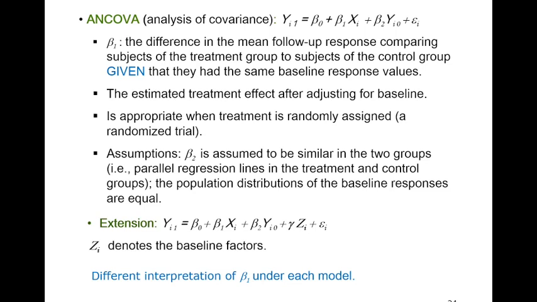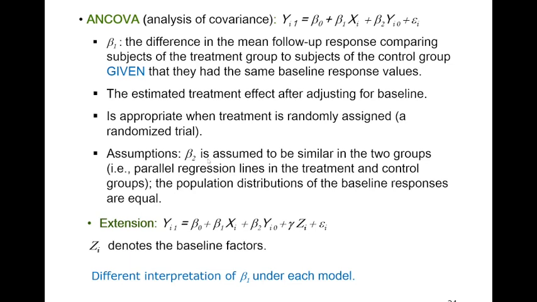However, this model has assumptions. The model assumes beta 2, the relationship of baseline and follow-up, is similar in the two groups. What does that mean? It means there are parallel regression lines in the treatment group and the control group, so the relationship of baseline and follow-up does not depend on the treatment group.